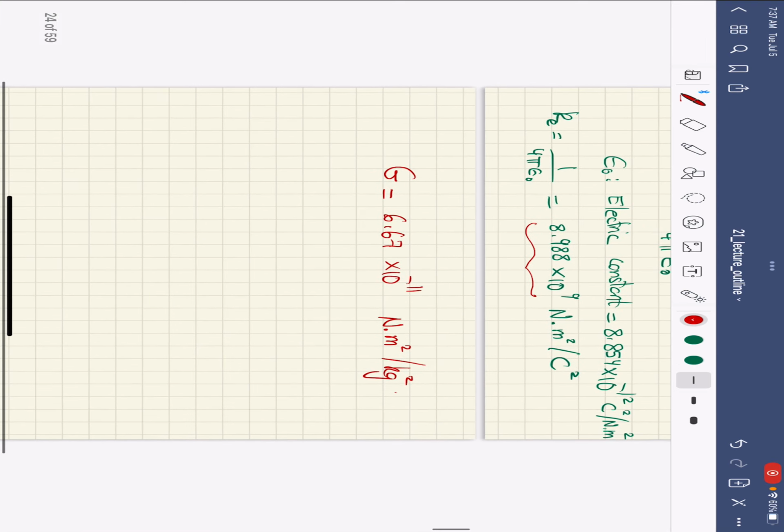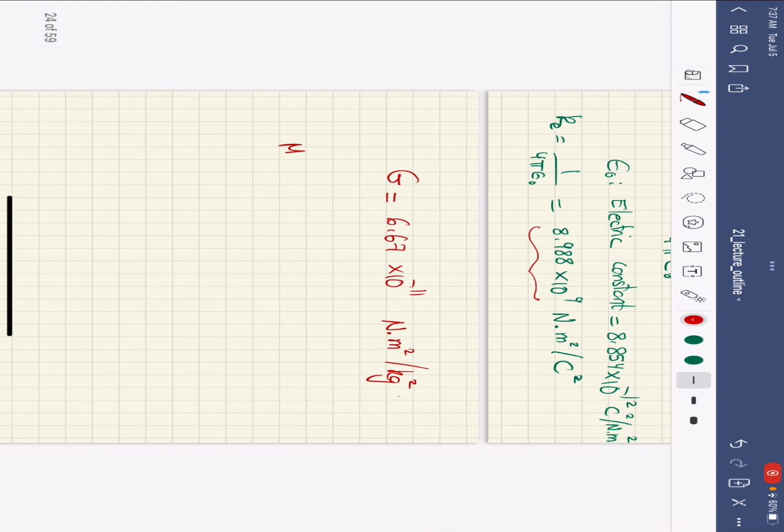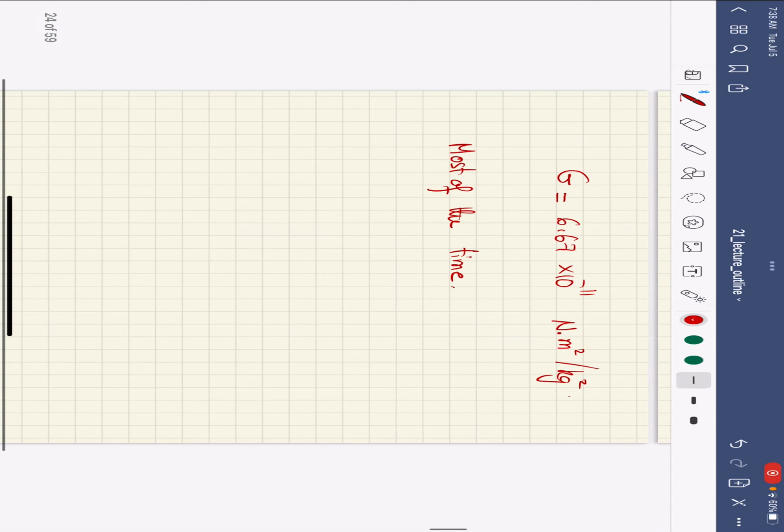One of the things also I want you to know is that most of the time we are going to have more than one charge involved, and therefore I need to find what is really the net force. Therefore I want you to maybe review how you are going to calculate the net force on an object.